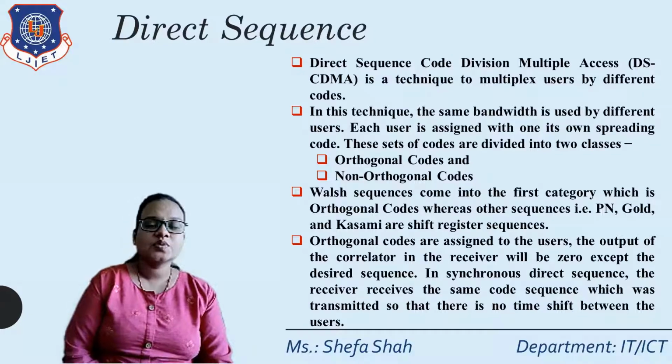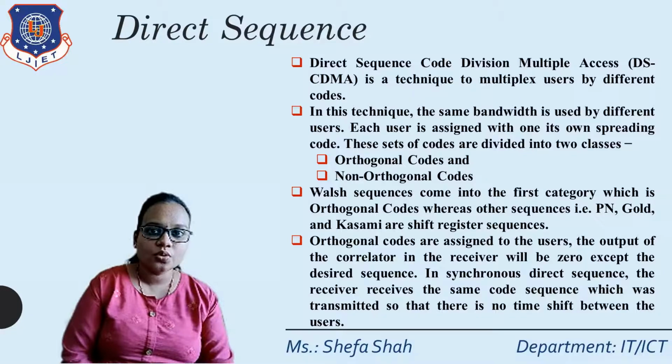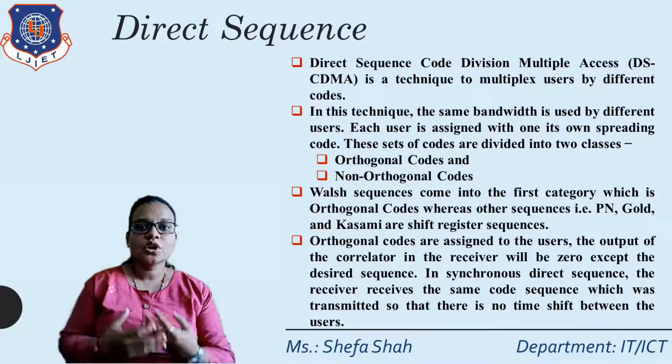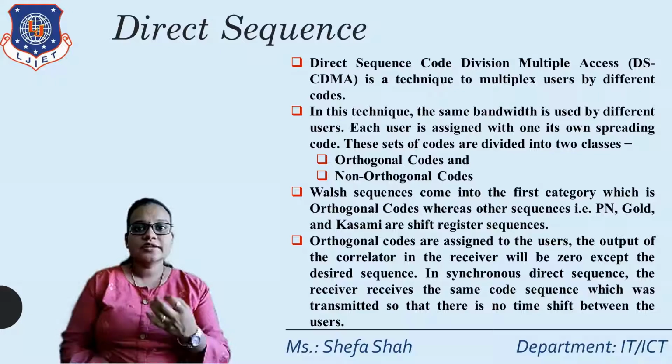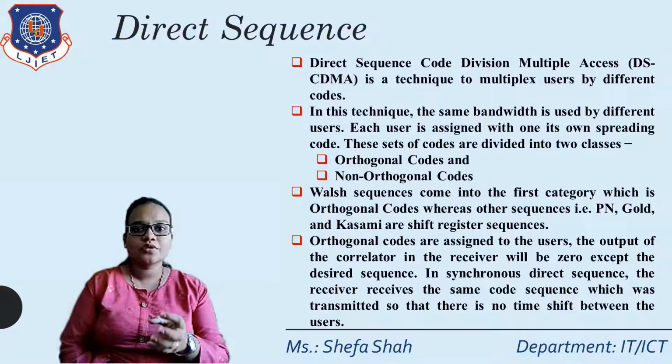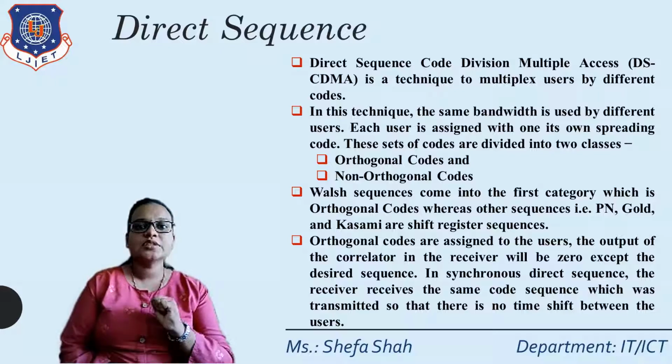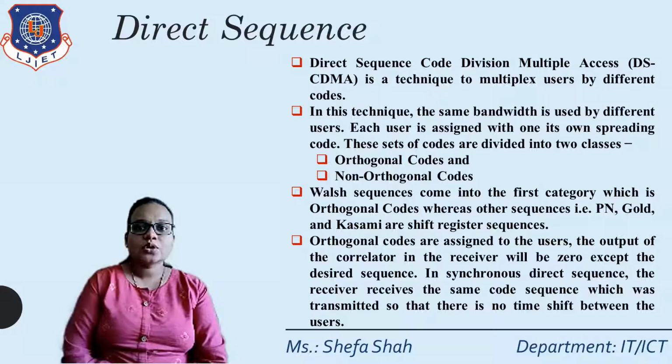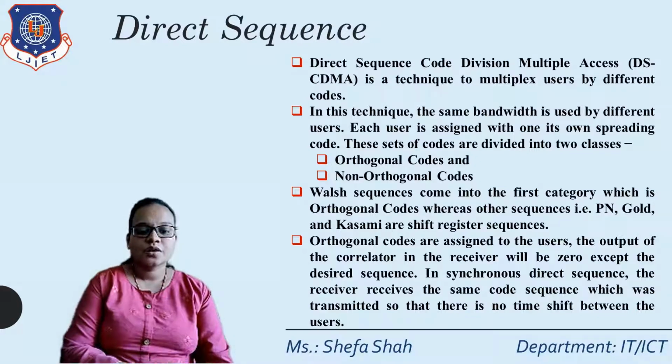As we know, orthogonal codes are codes of two users that are different, so there is no relation between them. The correlation of orthogonal codes will be 0, so there will be no interference between these users. In synchronous direct sequence, the receiver receives the same code sequence which was transmitted, so there is no time shift between the users.